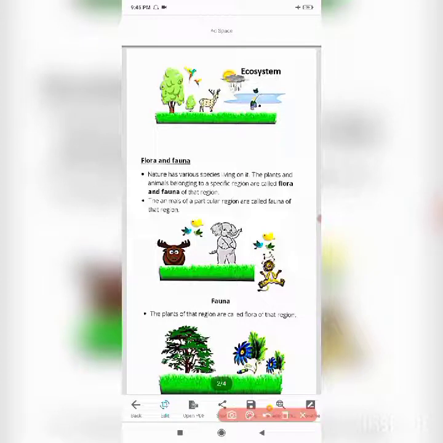So interaction between the biological system, whether plants or animals, and physical environments like water, sunlight, and gases, which directly interact together, that interaction between abiotic and biotic factors is called an ecosystem. So suppose earth is an ecosystem.